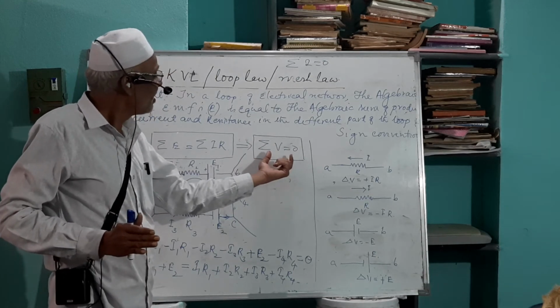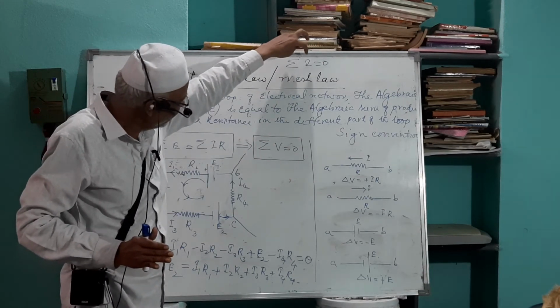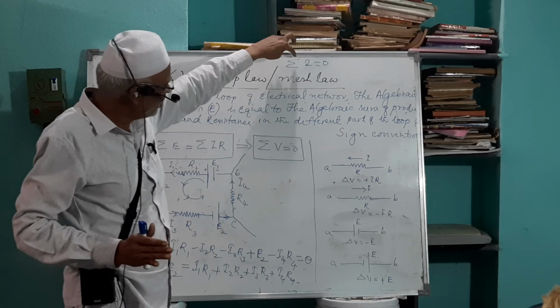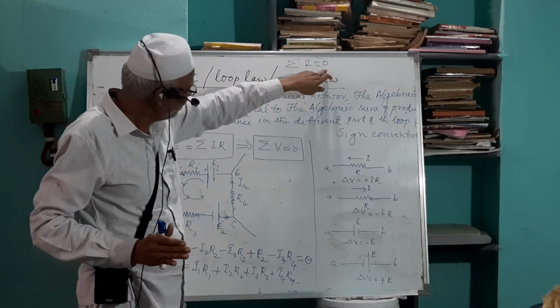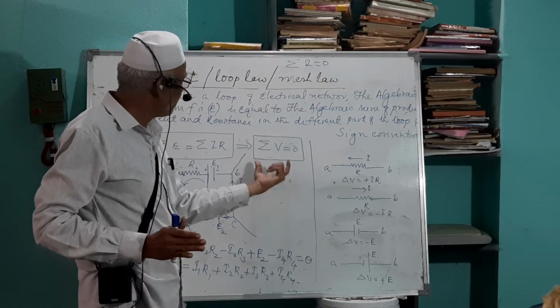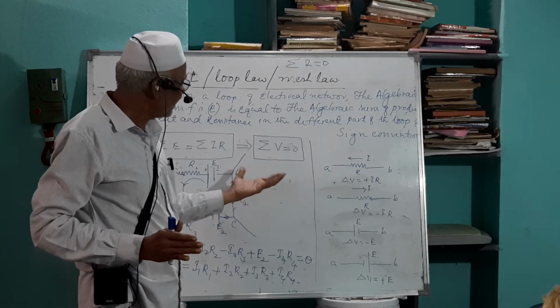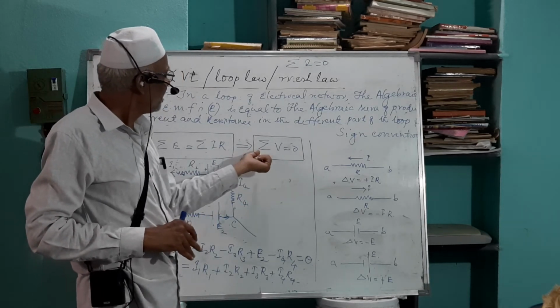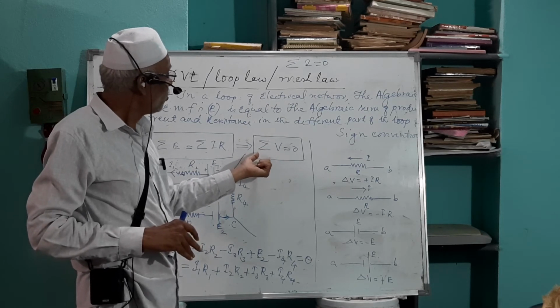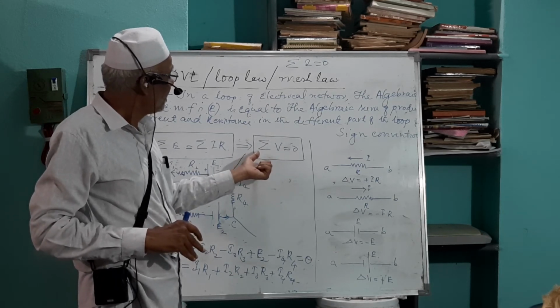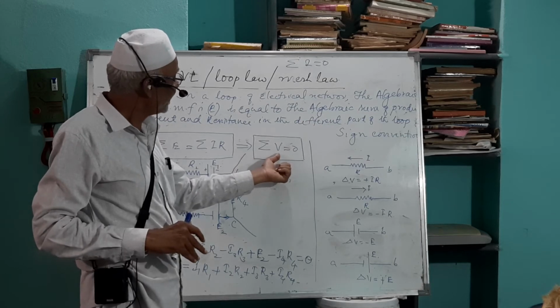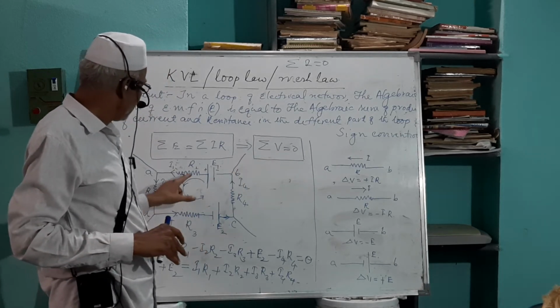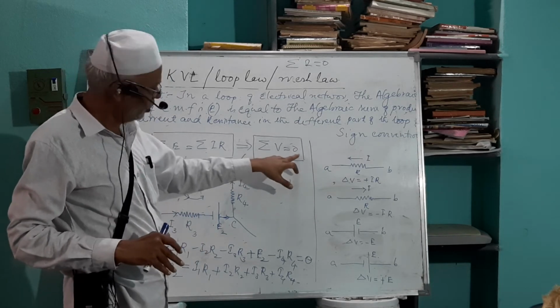This format is similar to the KCL law, where the algebraic sum of current is equal to 0. This form is quite easy to reproduce: in a loop of an electrical network, the algebraic sum of voltages produced across the circuit elements is equal to 0.